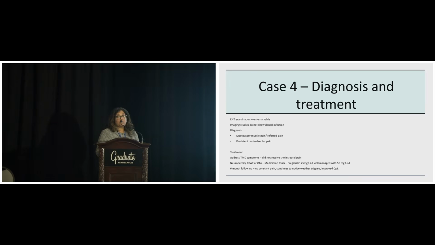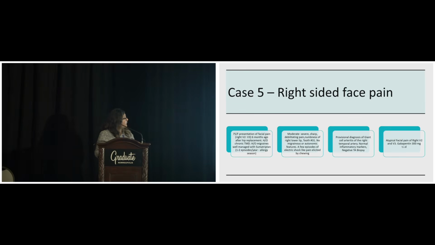Since persistent dentoalveolar pain is a diagnosis of exclusion, we addressed the primary presentation of muscle guarding, and we got him engaged with physical therapy. Did seem to reduce the muscle component, but did not change the sort of neuropathic pain component.